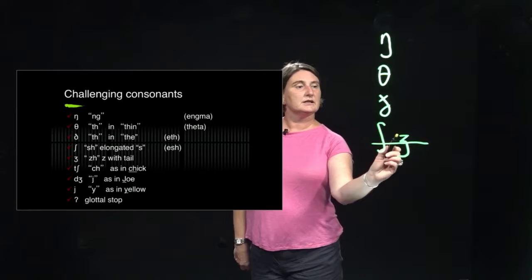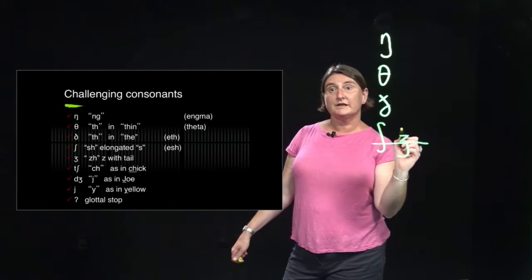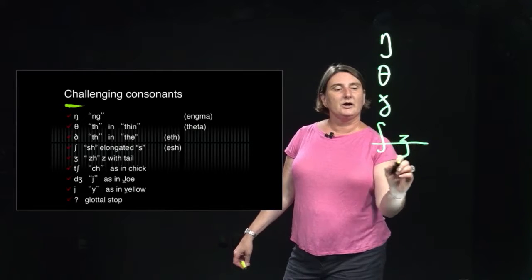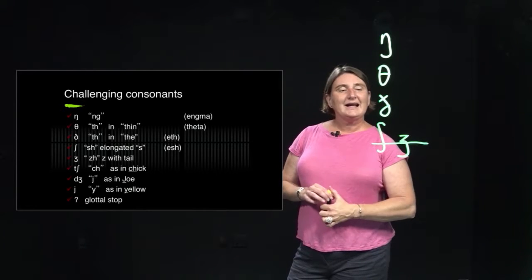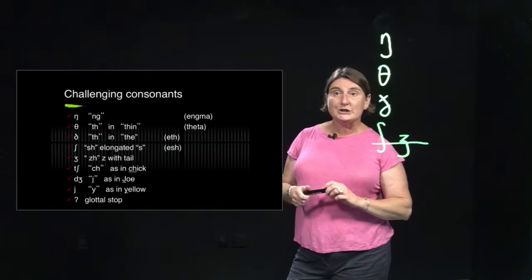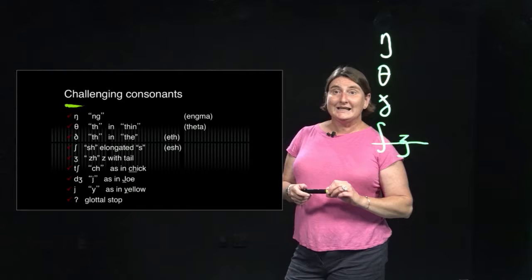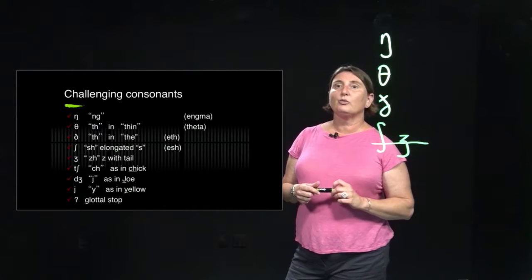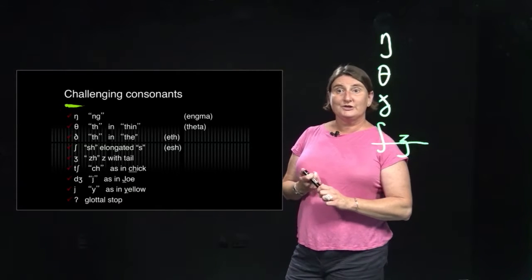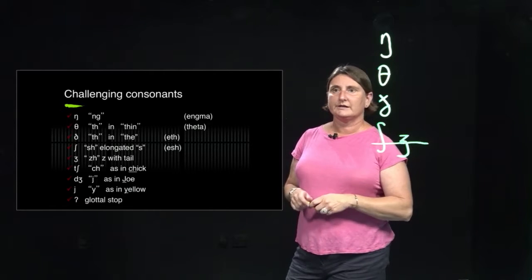So it's really a Z with a tail. You've got the Z part, and then you bring the tail. And that's giving you a zh sound, like you might find in a word like leisure or Asia. Not very often at the beginning of words. You know, the old movie star Zsa Zsa Gabor, her name would start with that symbol.